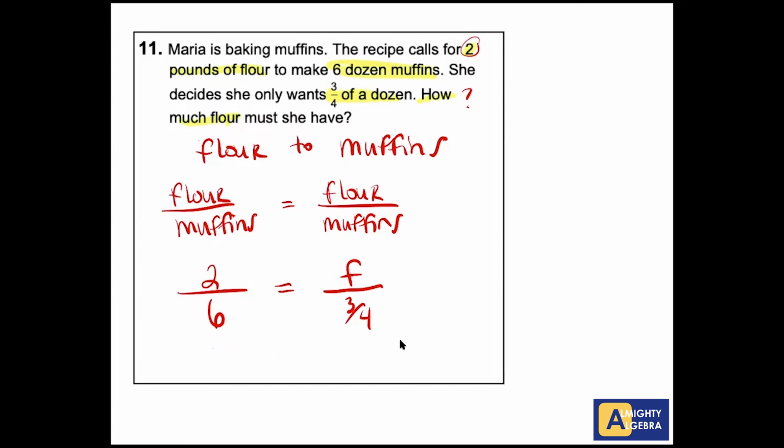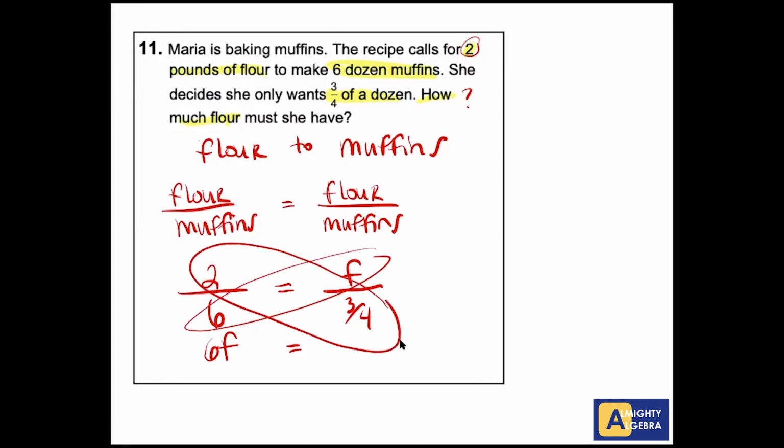Now I'm going to cross multiply 6 times F. That gives me 6F. And 2 times 3 over 4 gives me 1.5. I'm going to put it into decimal form because it's easier for me to multiply and divide a decimal than a fraction. Now I have to divide both sides by 6 to get the F by itself. F equals 0.25.